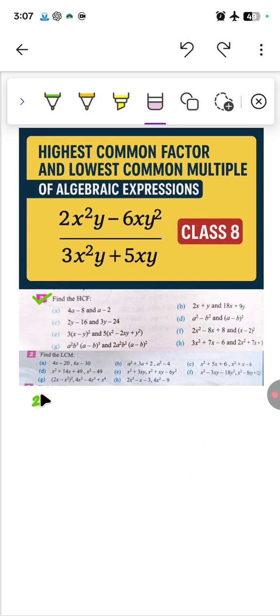In question number 2e, the question given over there is 3 multiplied to x minus y whole square and 5 multiplied to x square minus 2xy plus y square.